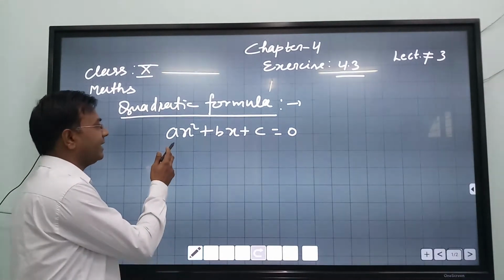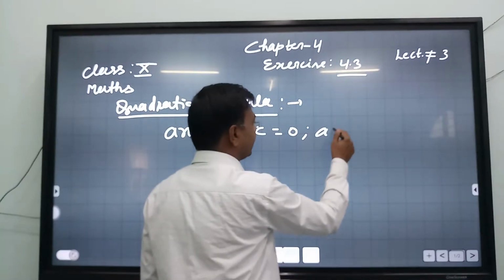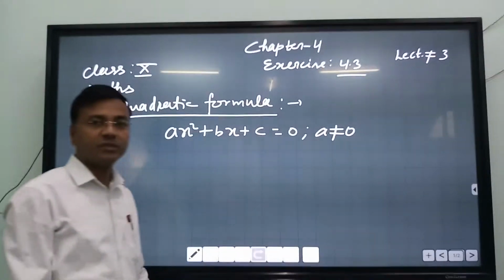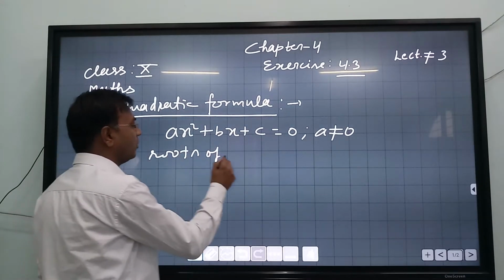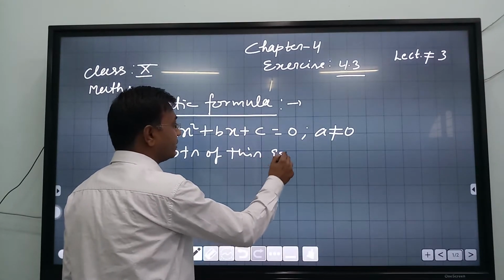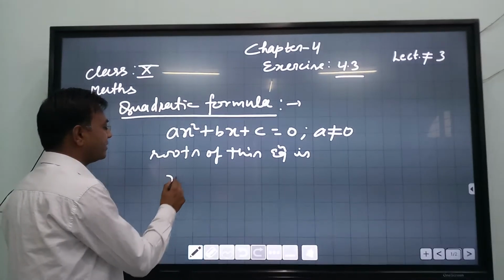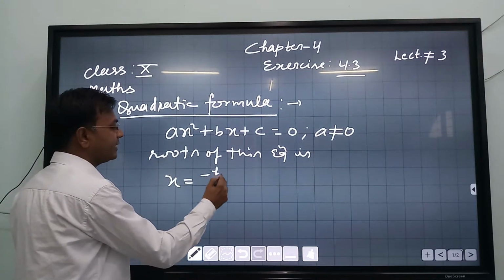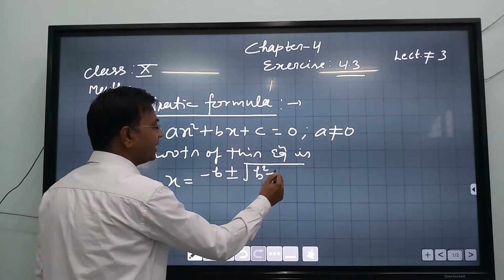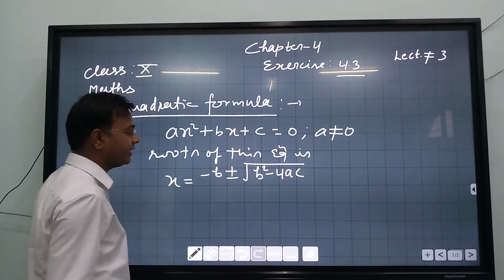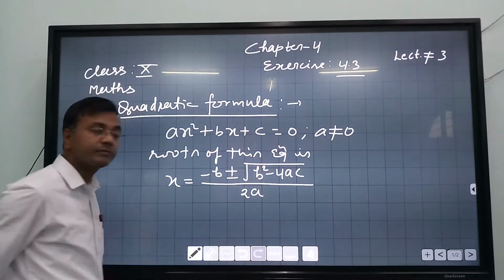So if the quadratic equation is ax square plus bx plus c equals to 0 with the restriction that a is not equals to 0, then the roots of this equation are calculated as x equals to minus b plus minus under root of b square minus 4ac, the whole upon 2a, right?